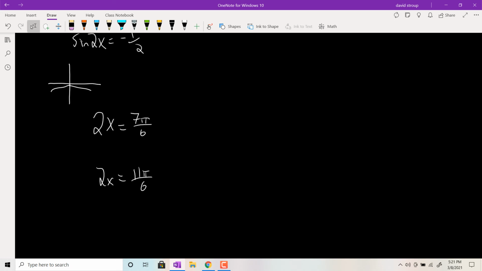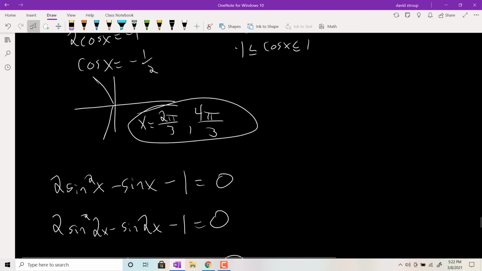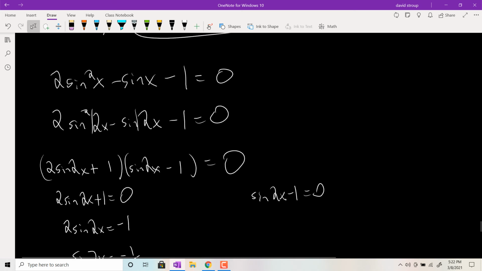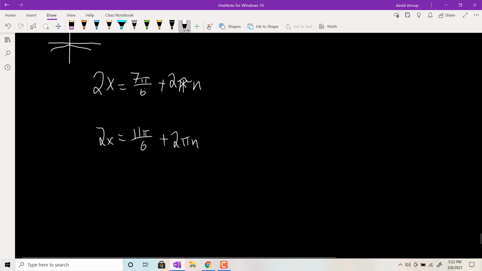And this becomes an issue because now it's a smaller angle, and you're going to be able to fit more answers in the range from 0 to 2 pi. So you have to include the 2 pi n in your answers when you have these multiple angle problems, when you have 2x instead of x, or 5x instead of x, or 12x instead of x. You're going to have to pull this stunt.